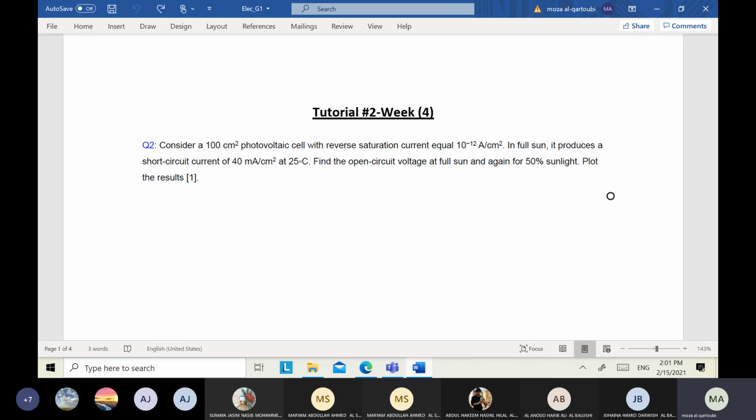Consider a 100 centimeter square photovoltaic cell with a reverse saturation current equal to 10 power minus 12 ampere per centimeter square.